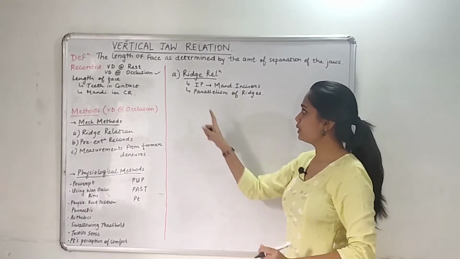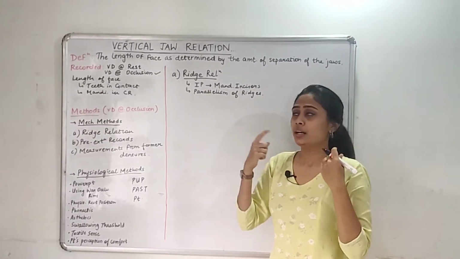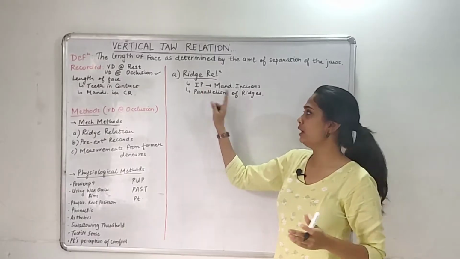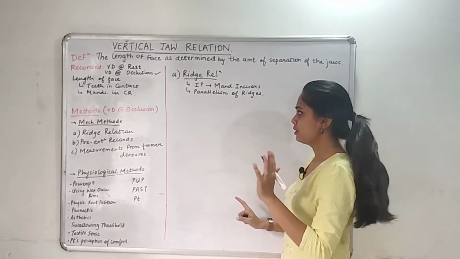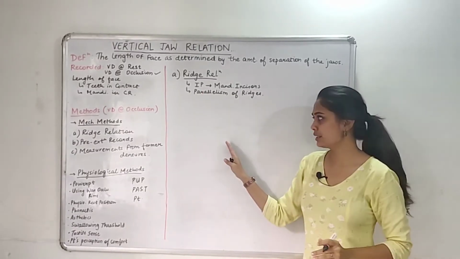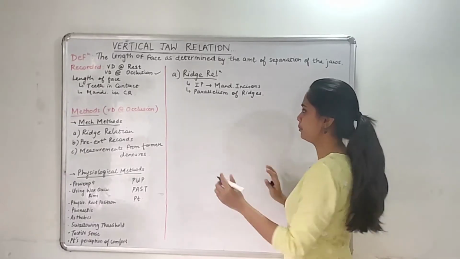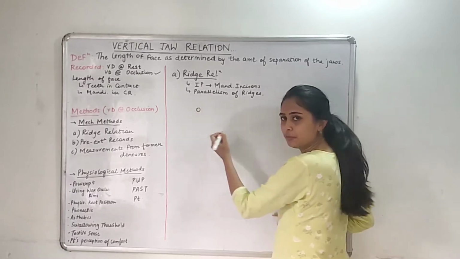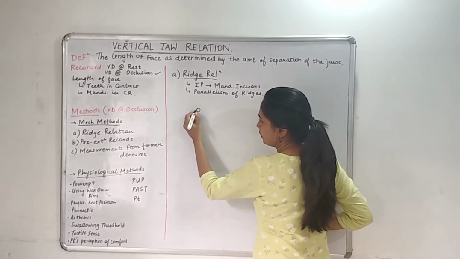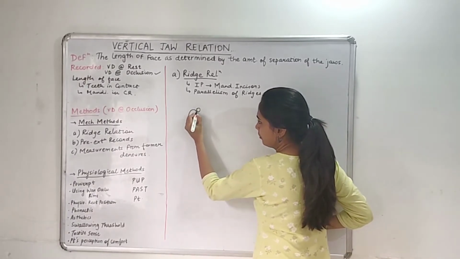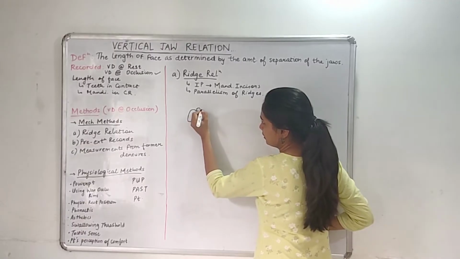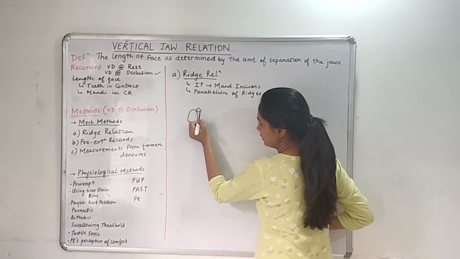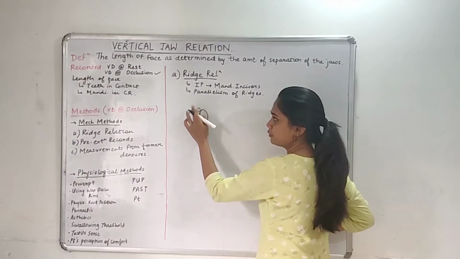So first we'll talk about the distance between the incisive papilla and the mandibular incisors. I'll draw a rough diagram for the concept. Imagine this is our incisive papilla. We all know that we have maxillary incisors placed something like this, and the incisive papilla is in the center.